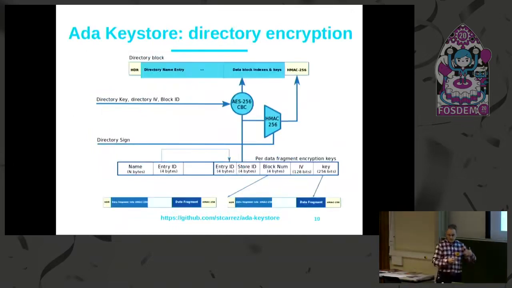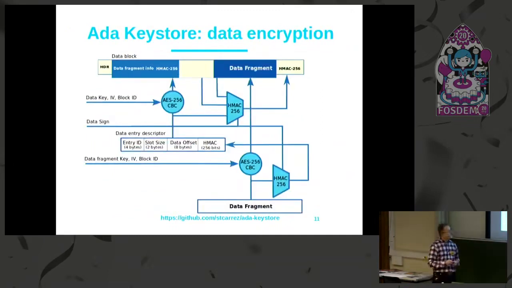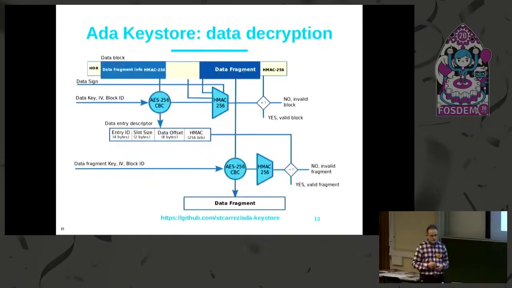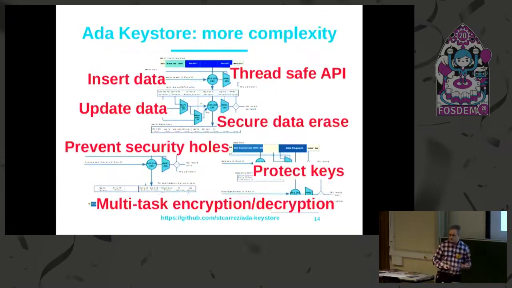So each time it is a new algorithm. Here you have the data encryption, then the directory decryption, then the data decryption, a lot of them. But on top of these algorithms that I've quickly described, you have a lot of complexity, in fact.